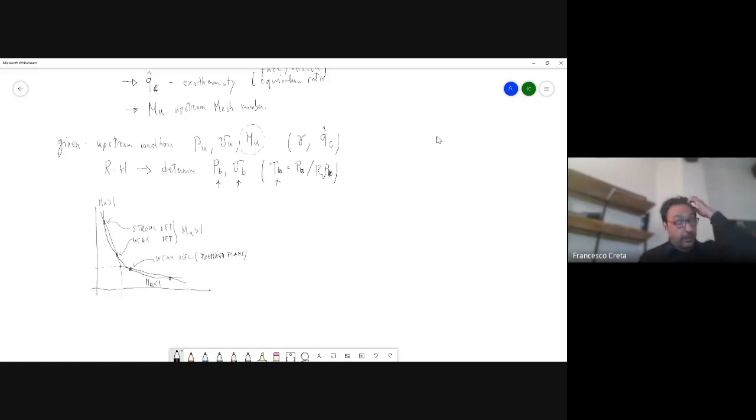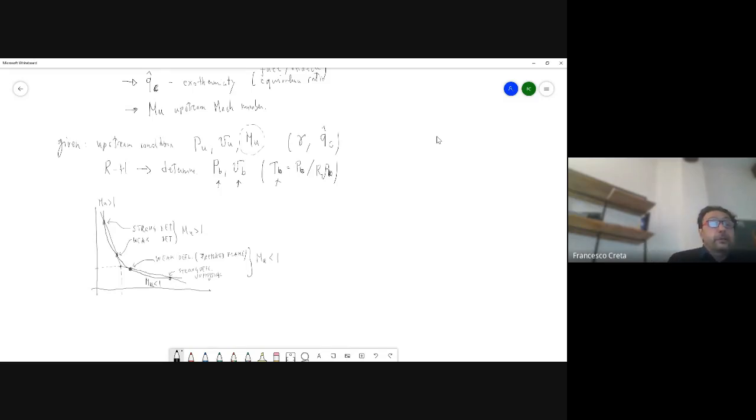In theory, we could also have a strong deflagration, but this is unphysical. And in any case, these are both for the upstream Mach number smaller than 1, so subsonic.